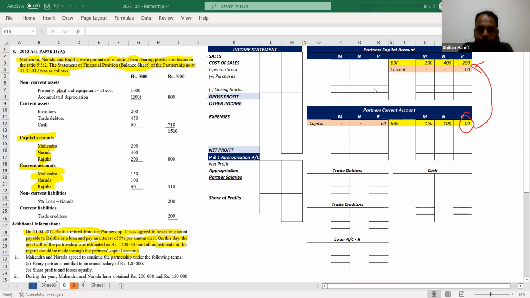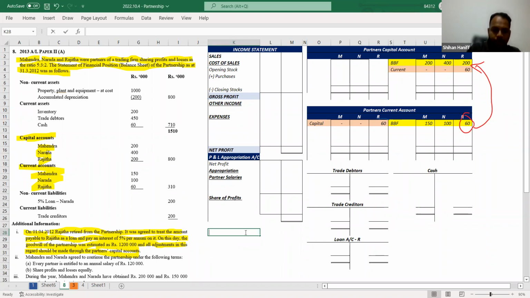Next, the goodwill. Goodwill, 1.2 million. Remember, most of the times the goodwill double entry is this.